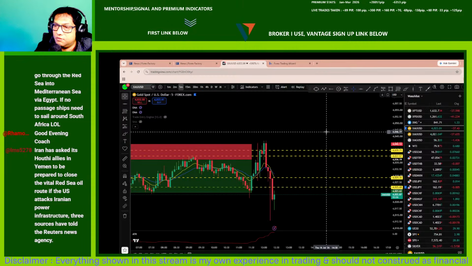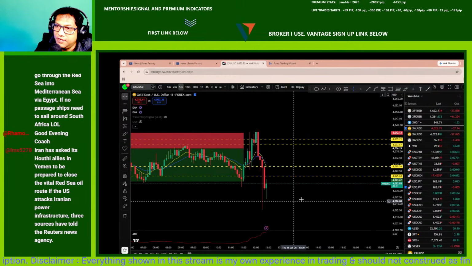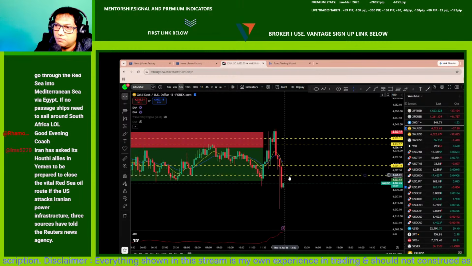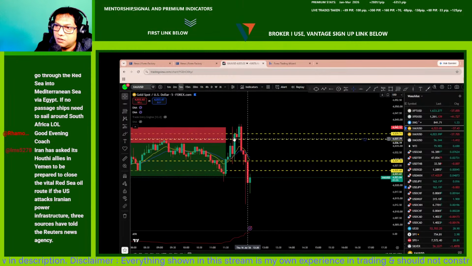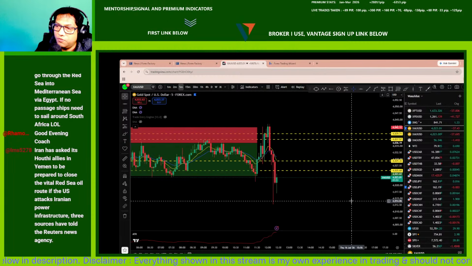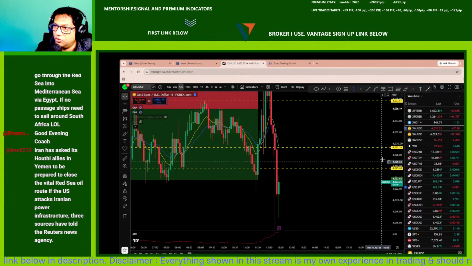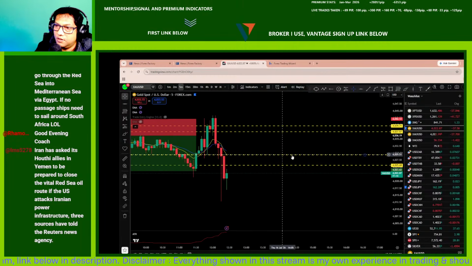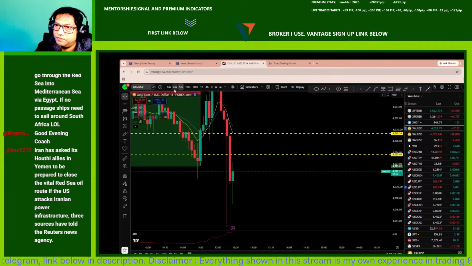And this is also a single move of this level here entirely, which has created a big drop back below, that you can see with this doji formation, which has shown the market to have that reaction back below at this level.